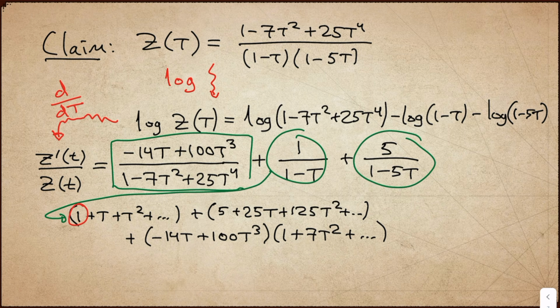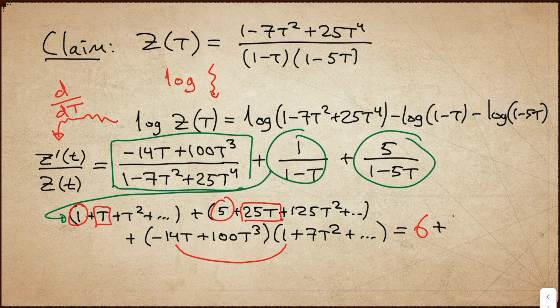Now, the constant term becomes 1 plus 5 plus nothing more. That is 6. And the linear term becomes t plus 25t and minus this product 14t.